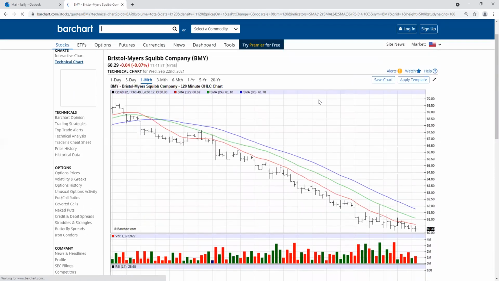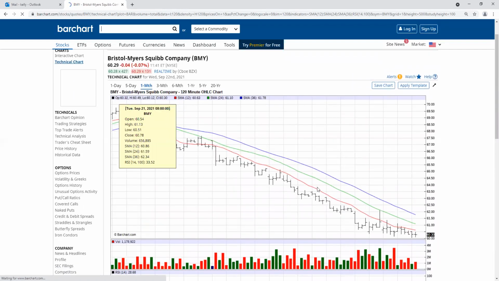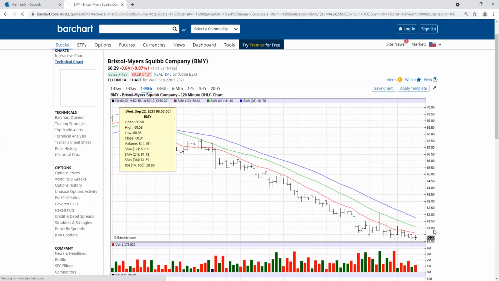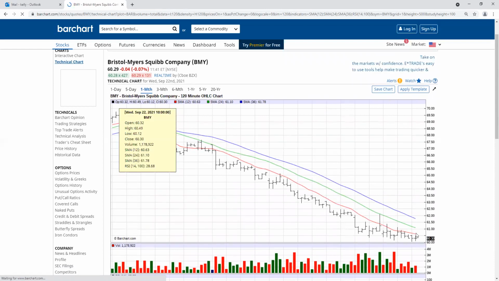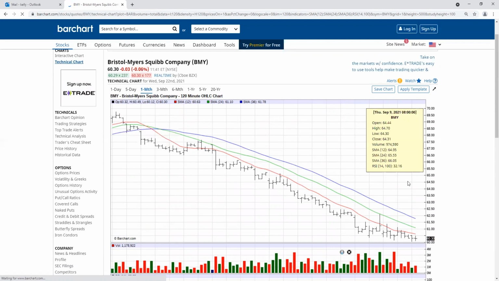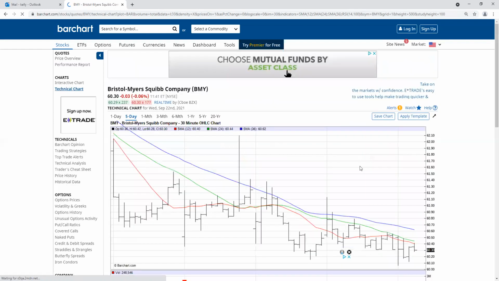And Bristol Myers Squibb on a 1 month has been under a lot of pressure, still under pressure. So again, people do like pharma and they think they're doing pretty good. So I don't know exactly what this is showing that anybody is really thinking it's going to be going. So let's look at it on a 5-day basis. Yeah.